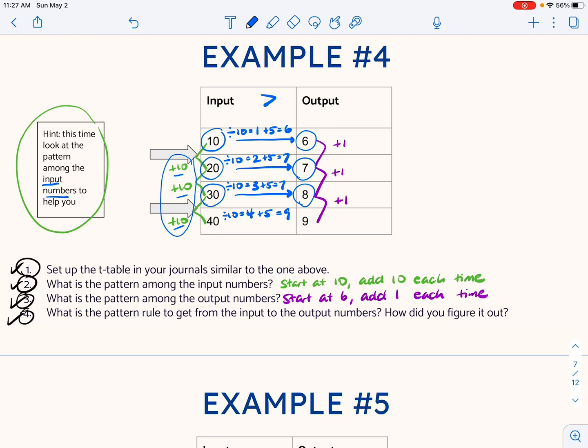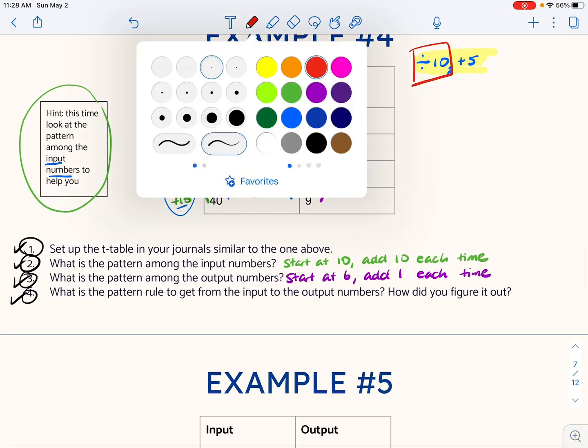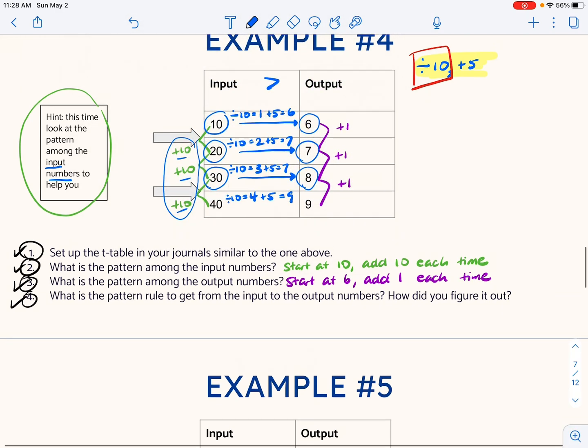So we know that the pattern rule is that we're dividing the input by 10 and we're adding 5 each time to get the output. That's the two-step pattern rule here. And remember what I was saying before, the first operation in a two-step pattern rule has to be multiplication or division. Let's summarize this and then we'll get to the last slide in a bit here.